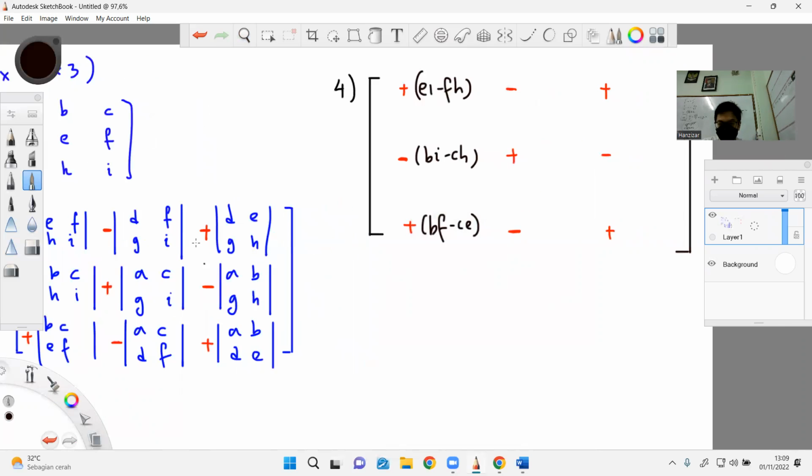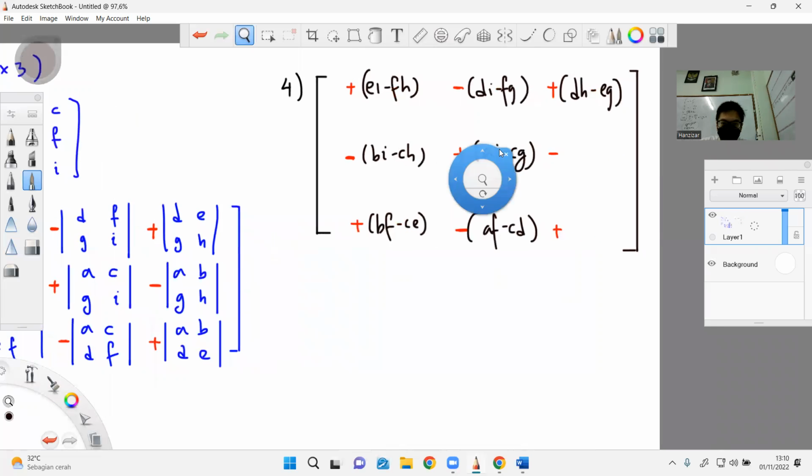Because these are only letters, we have to deal with so many variables. D I minus F G, right? And then A I minus C G. What else? A F minus C D, D H minus E G. Okay, make it faster. And A H minus B G, subtract always, A E minus B D. Okay.